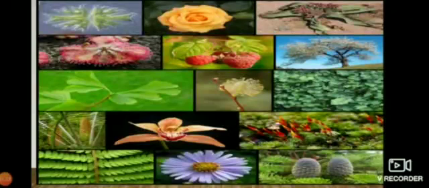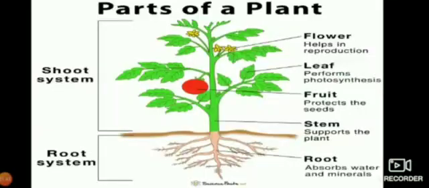Now let us know more about plants, especially about the parts of plants and also their functions. Now let's see parts of the plants. Before that, you are seeing here a picture of a plant with all parts labeled.